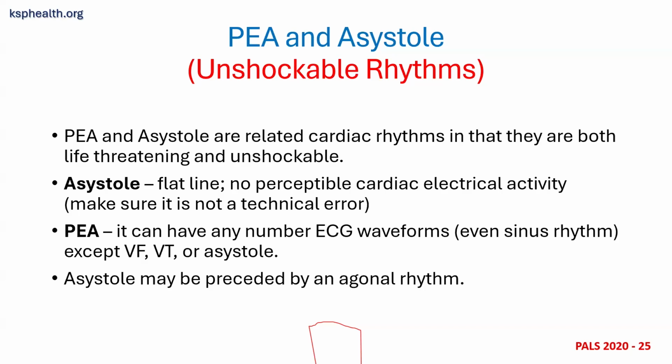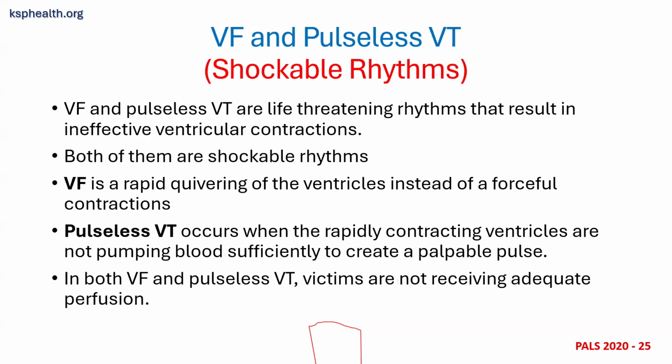The second category is pulseless electrical activity. It can have any number of EKG waveforms, including sinus rhythm, except that PEA cannot have ventricular fibrillation, VTAC, or asystole. So they are differentiated in the ACLS algorithm. The second group is shockable rhythms. Those are ventricular fibrillation and pulseless VTAC. They're again life-threatening rhythms, but they are shockable.